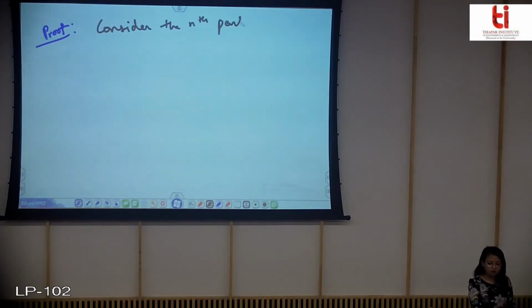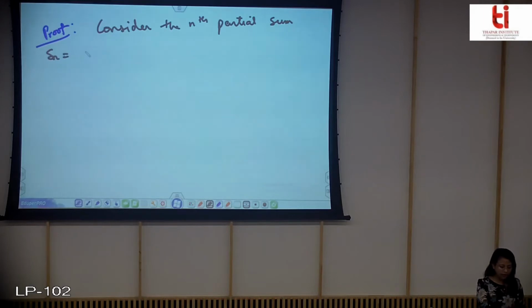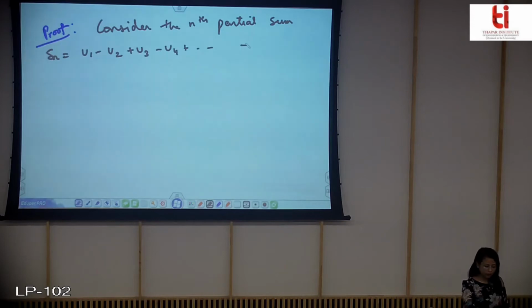For proving this, we need to consider the nth partial sum, that is Sn, and this will be equal to this. You already know what the nth partial sum means, and the last term, the nth term, will be equal to this.